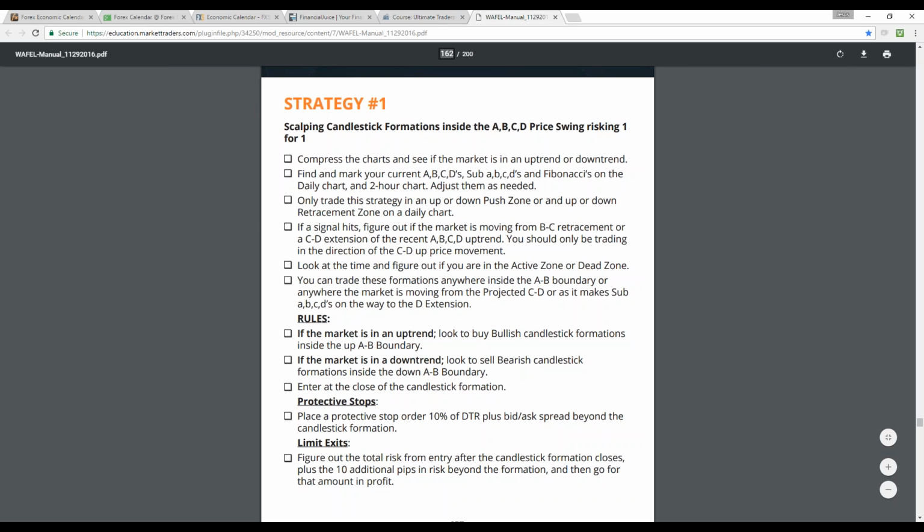Now these first three will focus mainly on candlestick formations to identify entry opportunities.